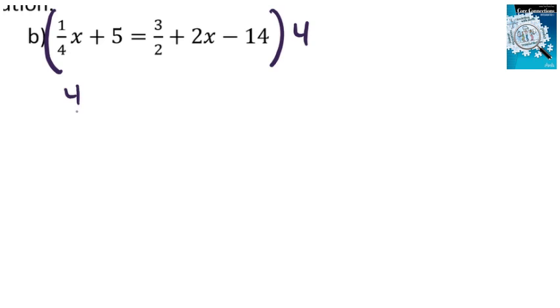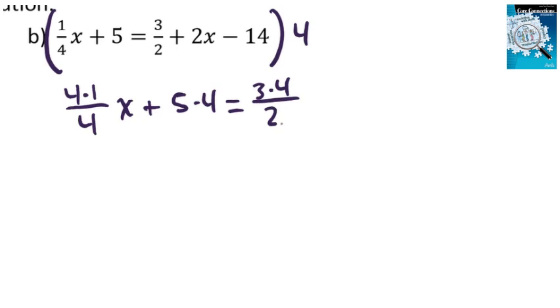I've got a 4, and I can write times 1 if I want. 4 times 1 over 4, and then x, plus 5 times 4, equals, sorry, equals 3 times 4, which is 12, over 2, plus 4 times 2x, and then finally minus 4 times 14, that's -56.